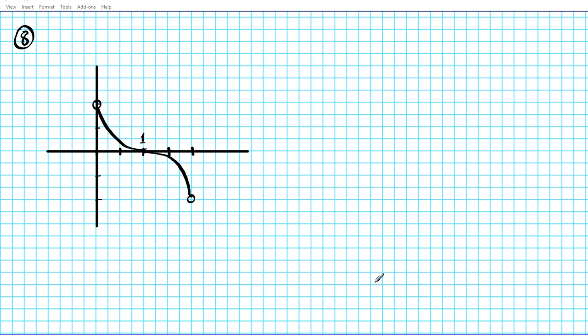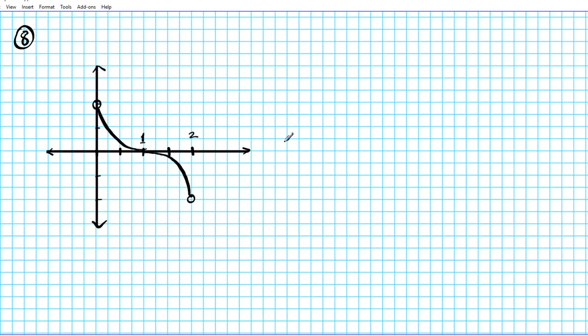All right, let's take a look at problem number 8. So let's look at this graph right here. The question here is, what are the critical numbers for this graph? Remember, critical numbers are basically where the derivative is equal to 0 or non-existent.